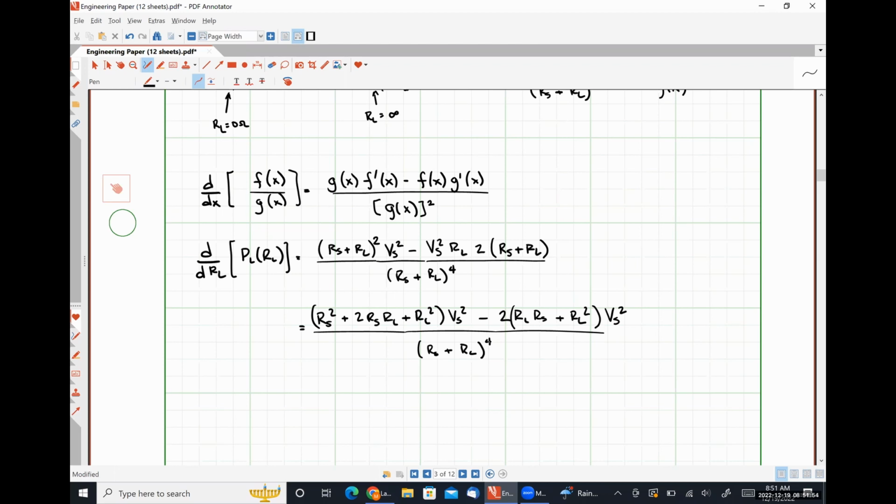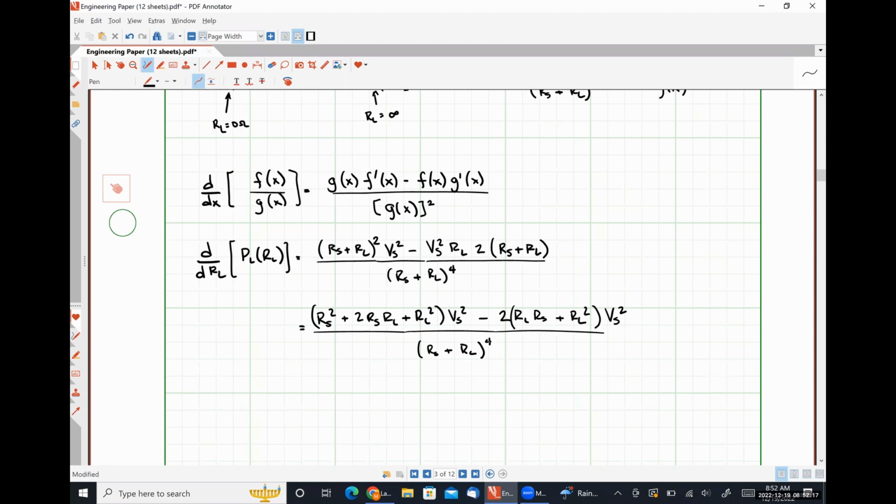Okay. So I multiplied the quantity RS plus RL times RL, which gave me RL RS plus RL squared. Then I multiplied that by 2. Then I multiplied that by VS squared. Anybody see any problems with my algebra on that term over there?